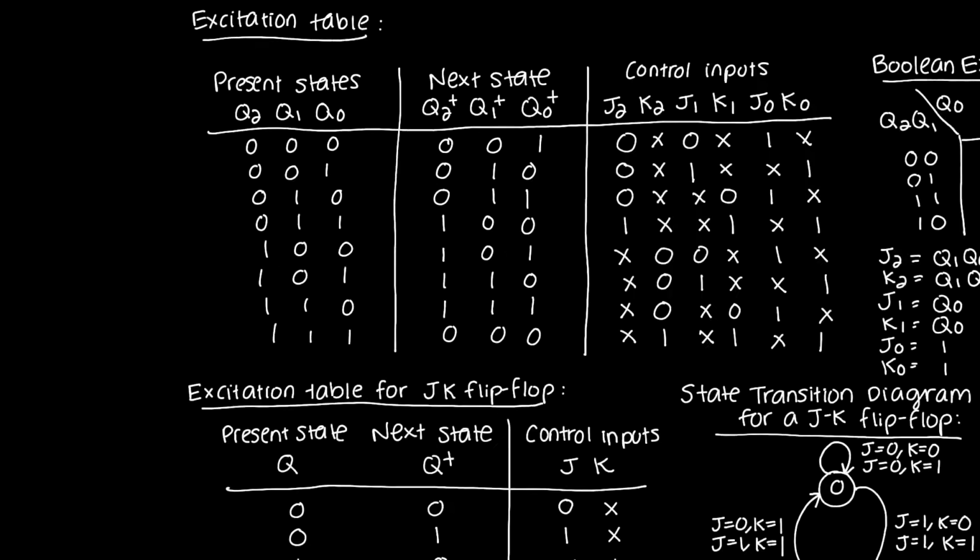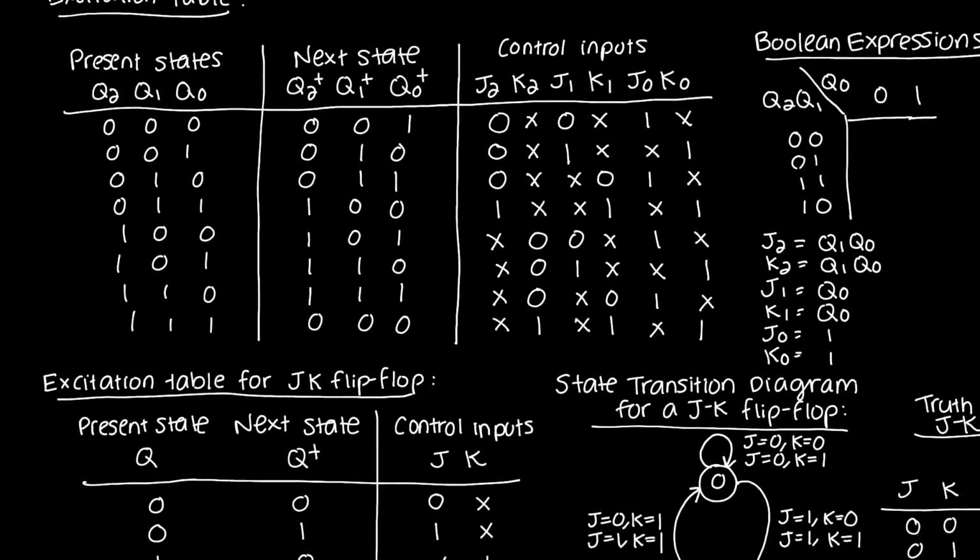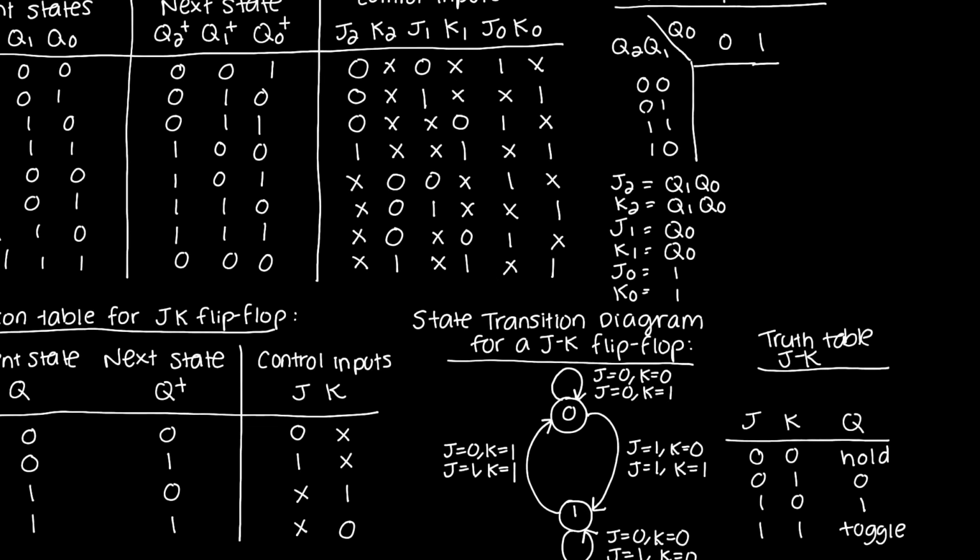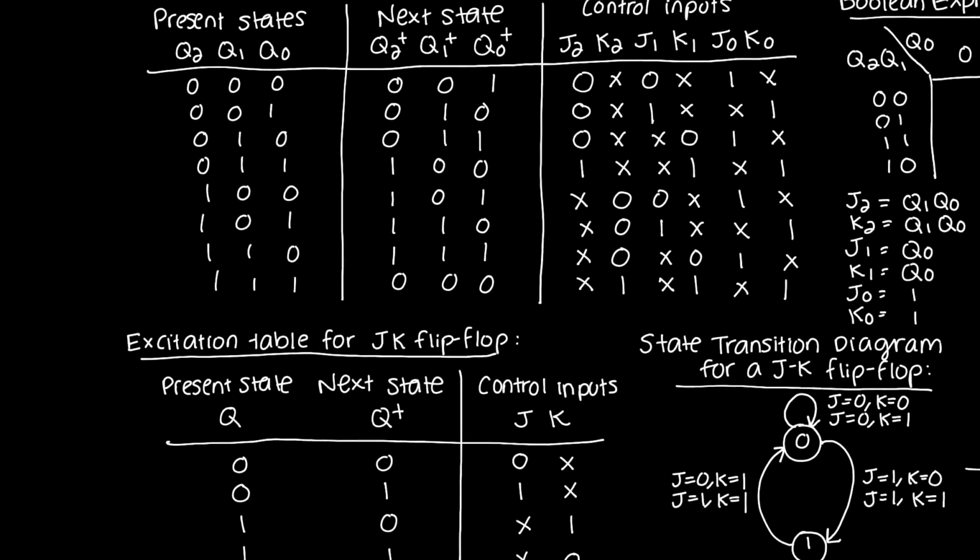So let's go take a look at the count sequence, and we can see that in fact Q0 is toggling at every clock edge, and Q1 is toggling at the clock edge only when Q0 is high. So that's how we get this Boolean expression for J1, K1 in toggle mode only when Q0 is high.